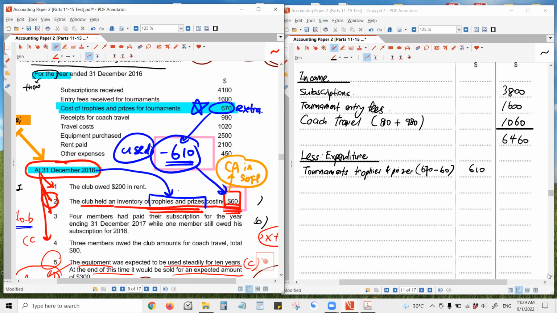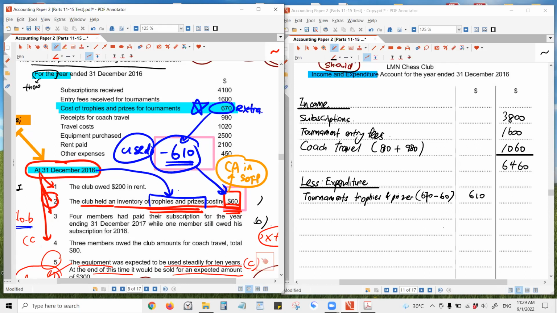So half of the figure will be in the income statement. And at the year end, if you still have any stationery left, it is a current asset in the SOFP. I'll talk more about it when we see stationery in the future. For sure, we will see a stationery question in the future.